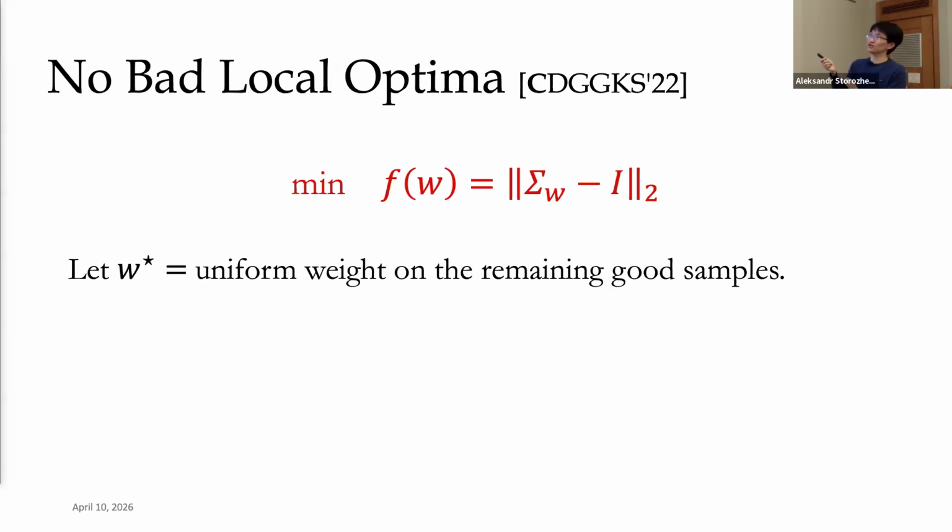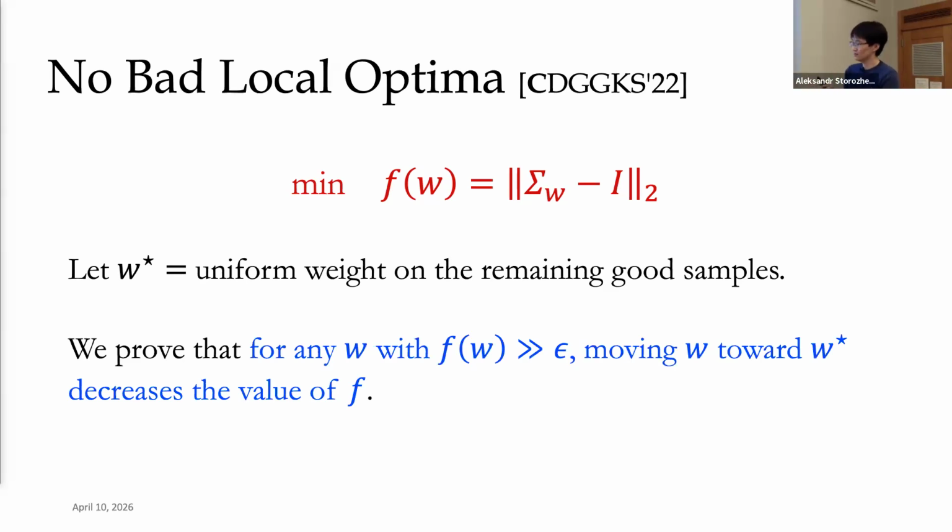So let me use W star to denote the intended solution, which is uniform weight among the remaining good samples. The proof I teach now is not the first proof that we came up with; it's the shortest, but not necessarily conceptually easiest to come up with. But bear with me.